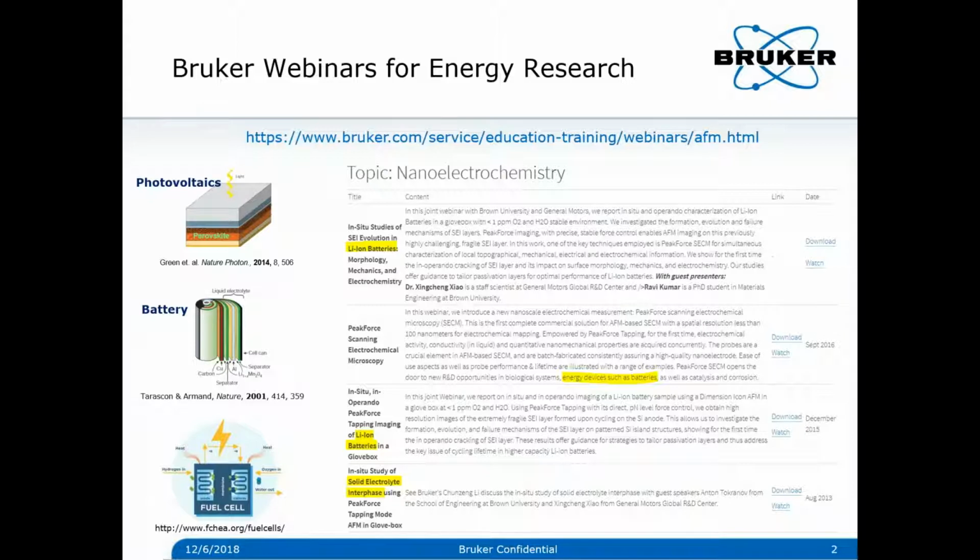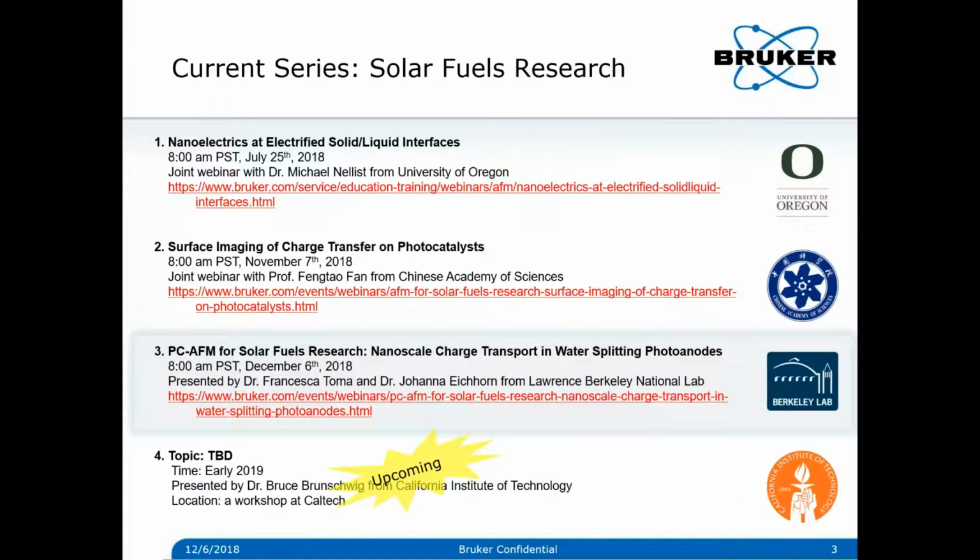Recently on lithium-ion batteries alone, we've had 4 webinars focusing on anode and cathode mapping and our AFM-based SCCM capabilities. We did some of them jointly with researchers from General Motors as well as the Sheldon Group from Brown.